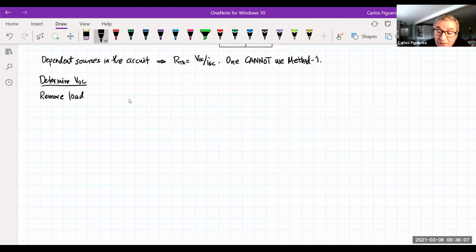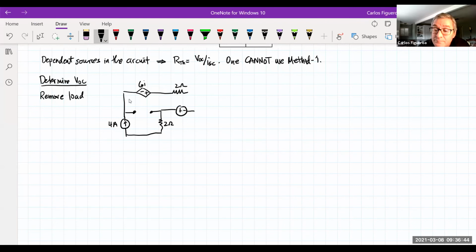If I do that, then my circuit looks like this. I have a dependent source that looks like this. And then this is a 4 volt.